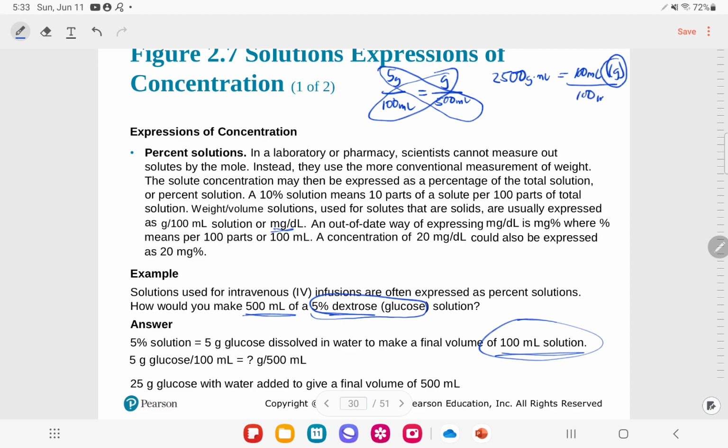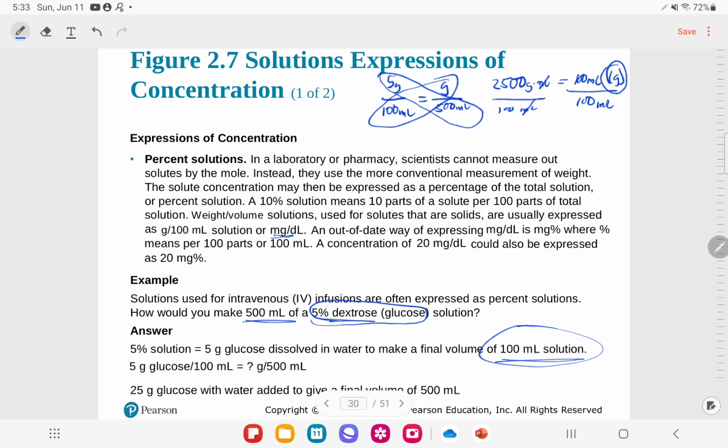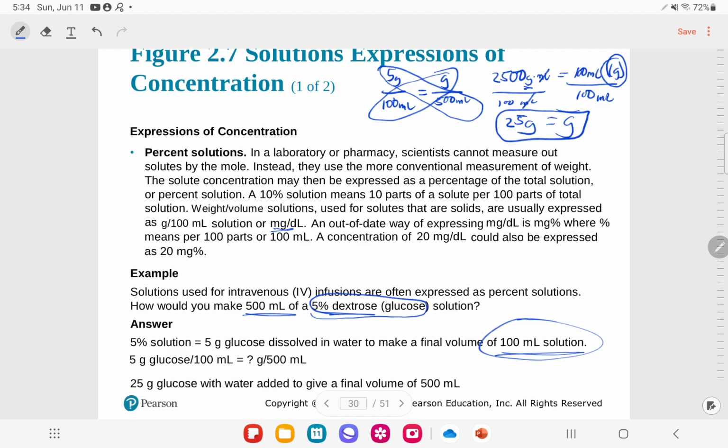So we divide that by 100 mils. What you do to one side, you've got to do to the other side. These mils will cancel out. 100 goes into 2,500 25 times, and the grams stays over. So we would have to put in, as we can see, 25 grams of glucose with water and add it to give it a final volume of 500 mils, okay? And we can do some more examples like that as well.